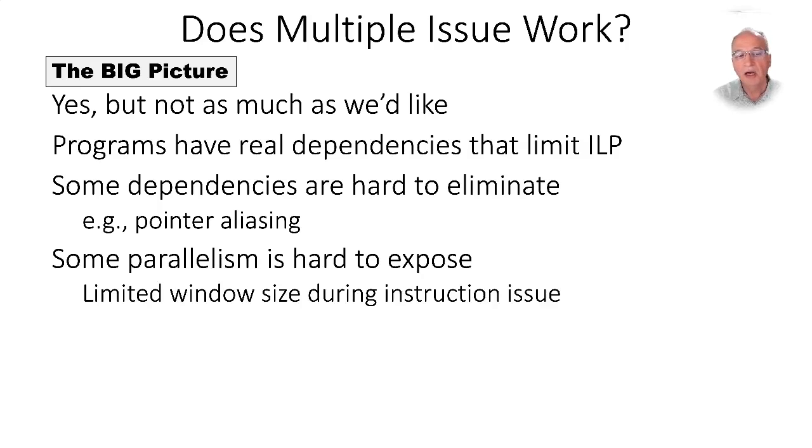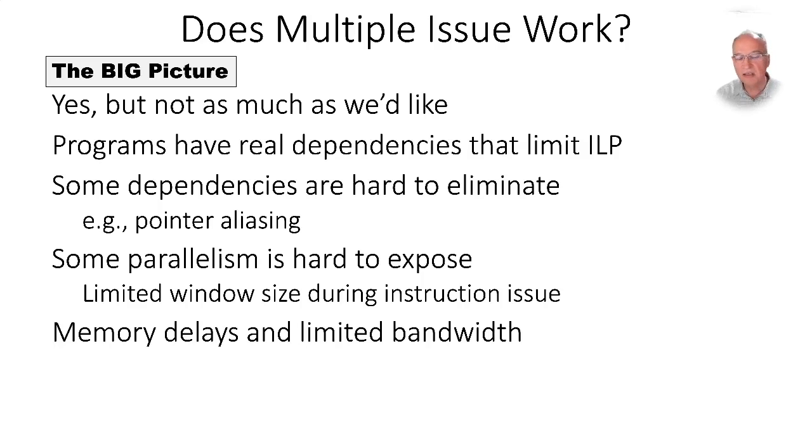For example, you may have a limited window size that you can look into the instruction stream to decide which instructions can be issued at a given time. There are memory delays that can limit what you can do, because it takes time for the data to come from the memory, and there is also limited bandwidth to the memory.